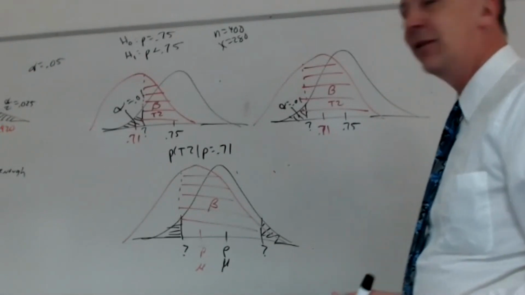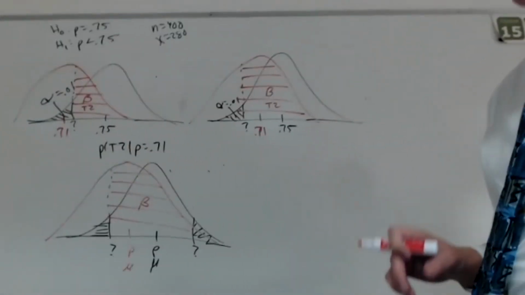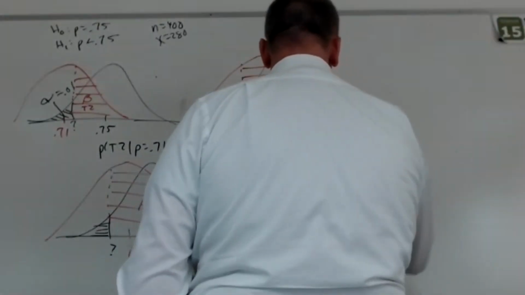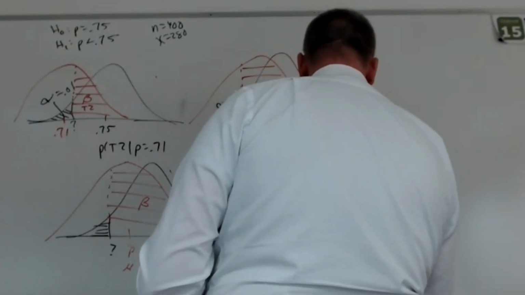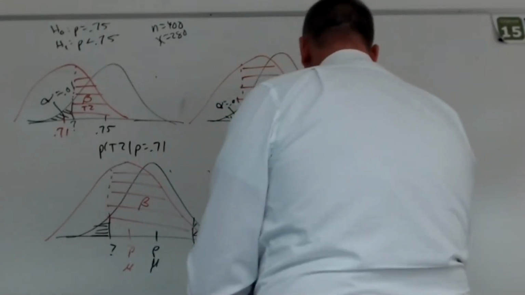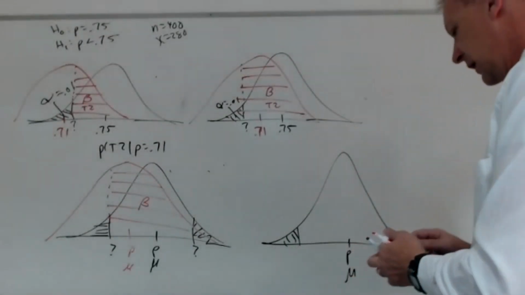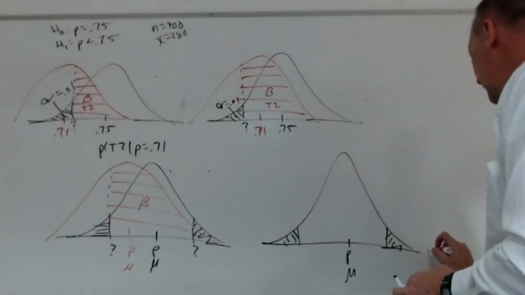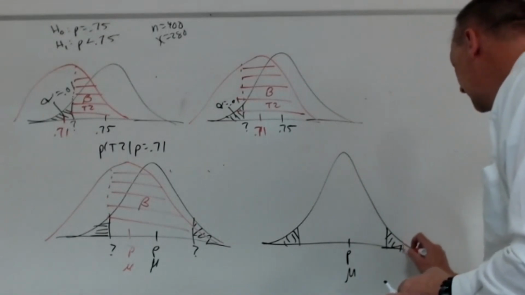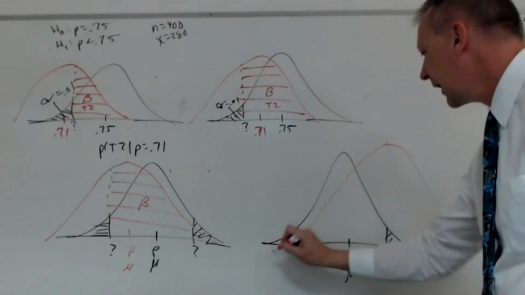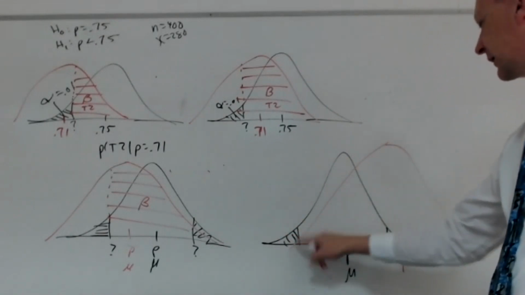Maybe just for fun, let's draw it this way. This is another two-tailed. This is either your p or your mu. You're going to draw in your two-tailed thing here. Let's put our new p right here. It's going to be like this. Always draw it in here.